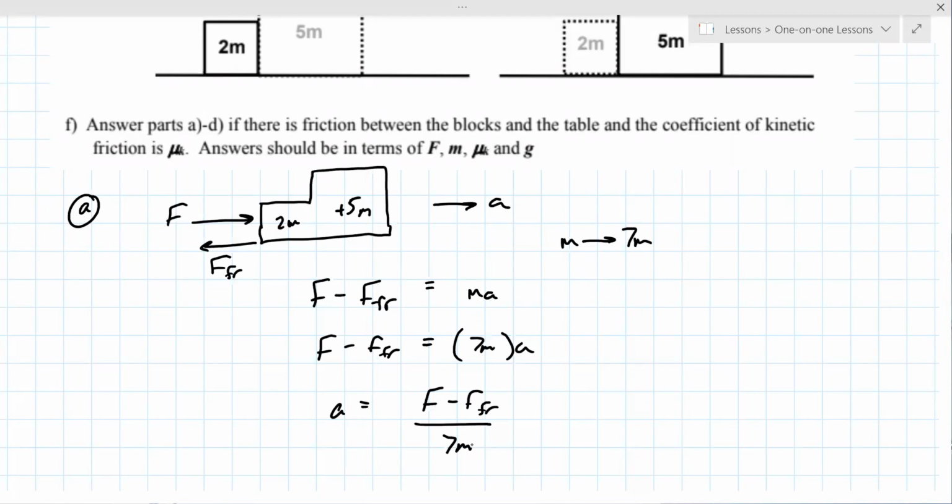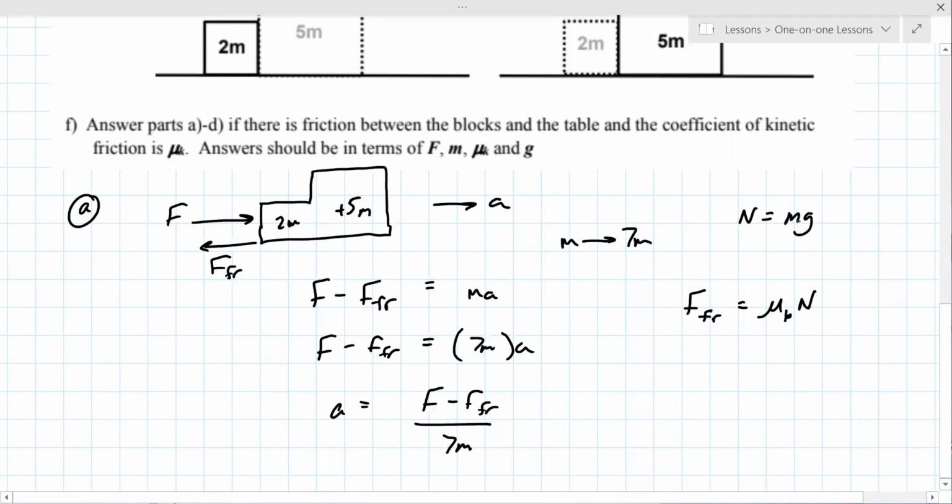There's a bit more here, so we're not quite done, because the force of friction is equal to mu k N, and we know that N is equal to mg in this problem, but m is really 7m. So N is equal to 7m times g.